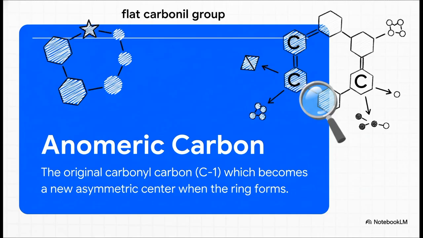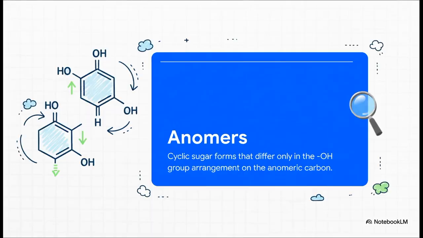But now that it's in the ring, it's suddenly holding on to four different things, which makes it what chemists call an asymmetric center. And this special carbon gets a new name, the anomeric carbon. And because of this new setup at the anomeric carbon, the little hydroxyl group attached to it can either point down or it can point up relative to the ring. These two different spatial arrangements, up or down, are called anomers.